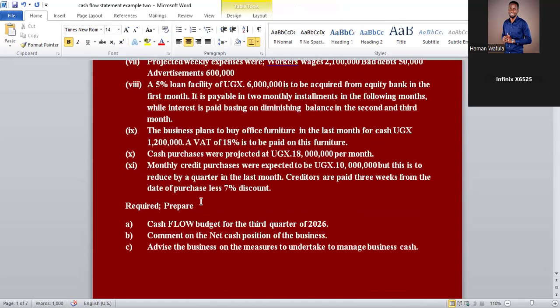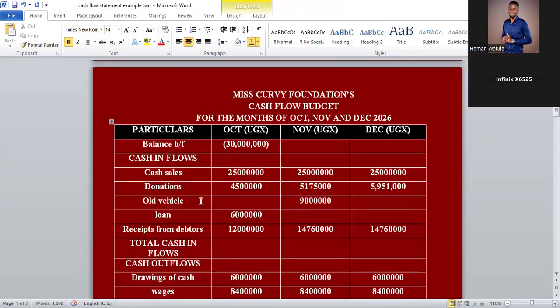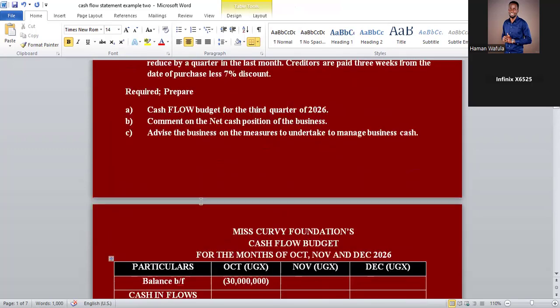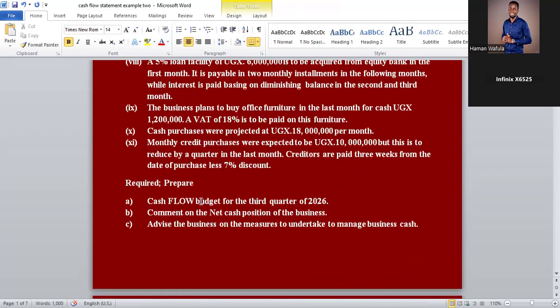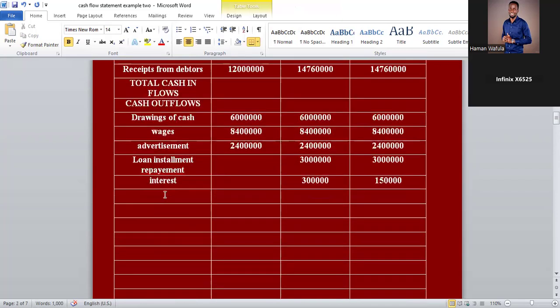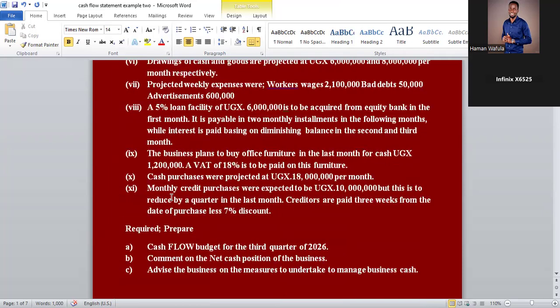Office furniture, 12 million. That is in the last month. Office furniture is 1.2 in the last month. So kweyo Roman numero tuyinawo furniture nga yo bagigula naye ne basasula n'omusolo.